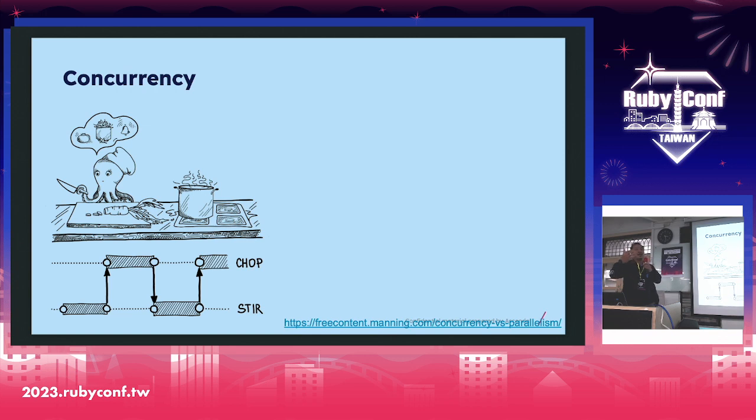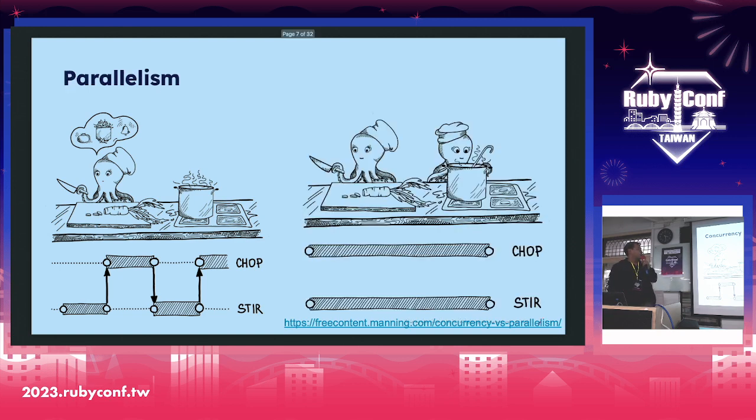It's very similar to our Ruby process: at one time, you can only run one thing in one process. We can compare it to the second illustration, where we have multiple chefs, which is how Ractor can use multiple cores of our machine.